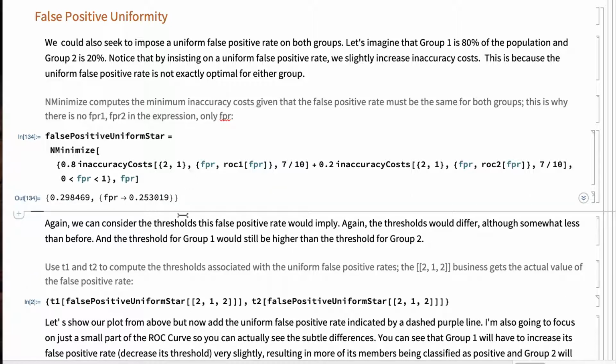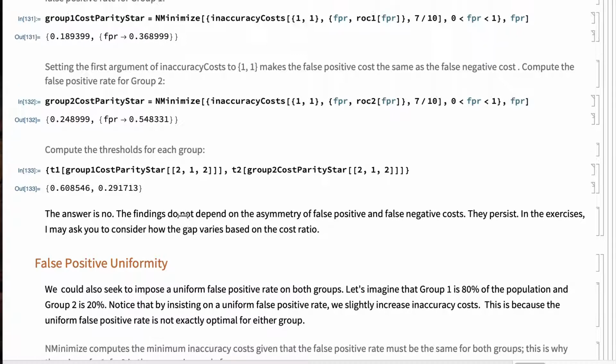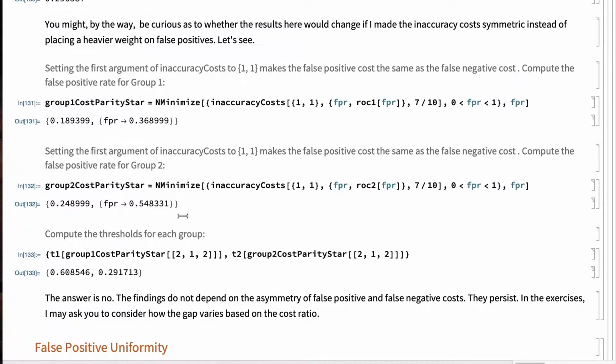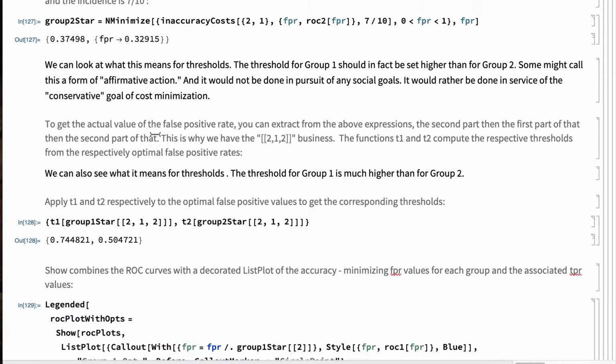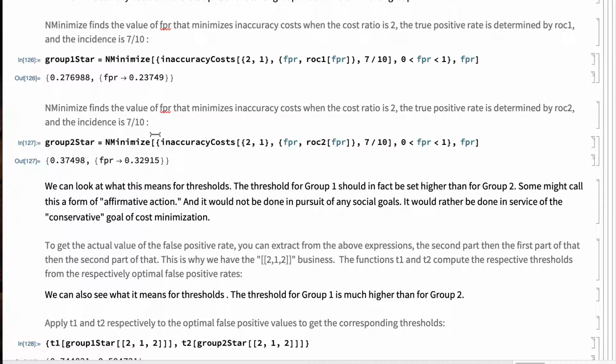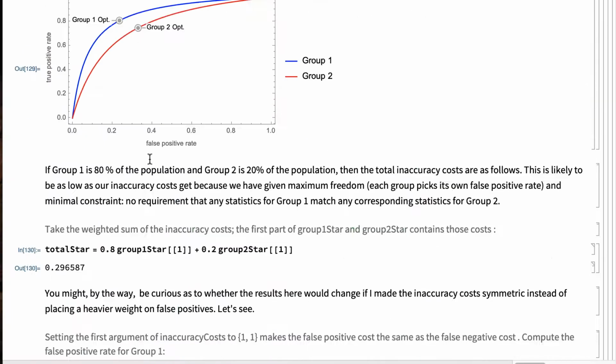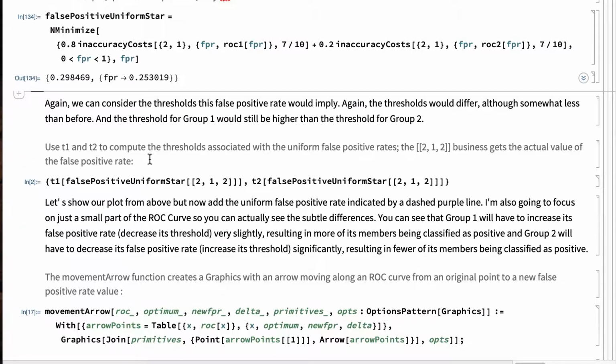So the optimal uniform false positive rate is 0.253019, which is, I'm sorry, we have to go up here to these values. It is higher than it was for group 1 and lower than it was for group 2.